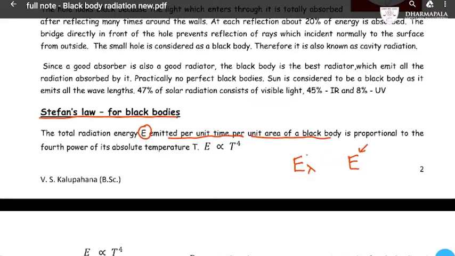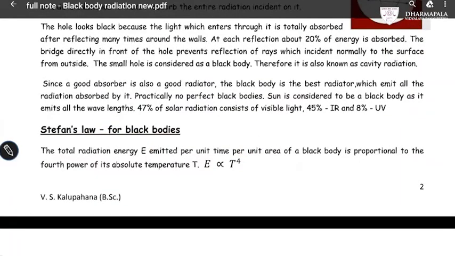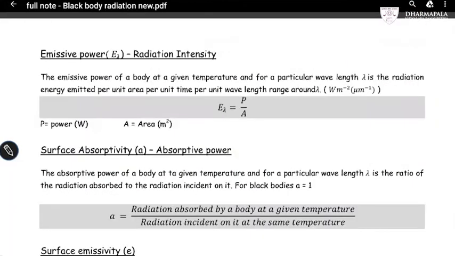But E lambda in the previous session is known as radiation intensity. It is mentioned for a unit wavelength: for a particular wavelength, the total energy emitted per unit area per unit time per unit wavelength.